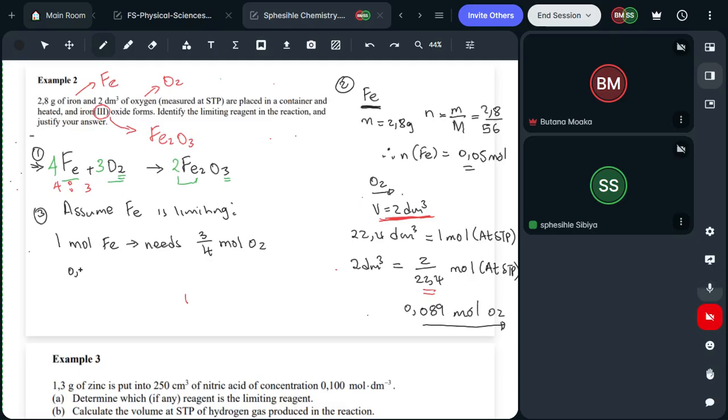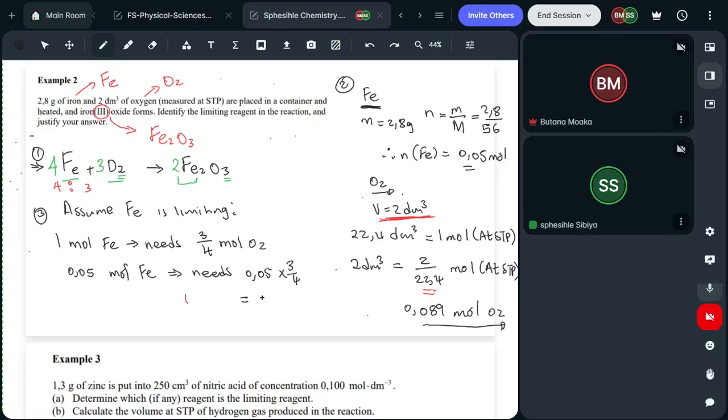So the 0.05 mole of Fe is going to need 0.05 multiplied by 3/4.